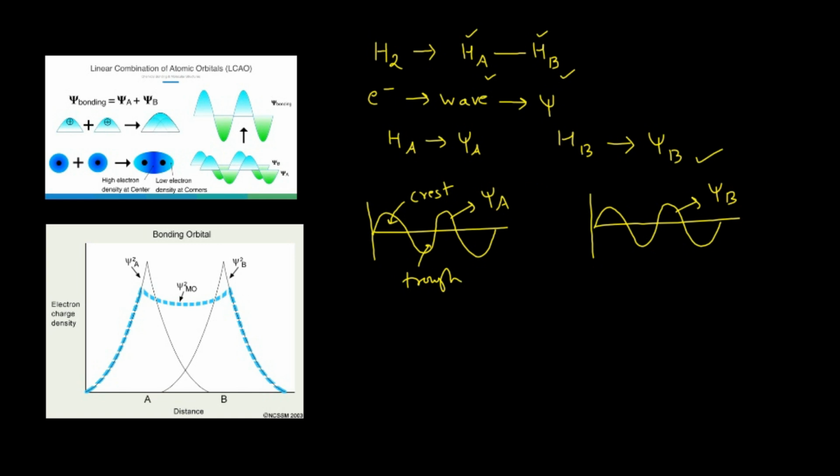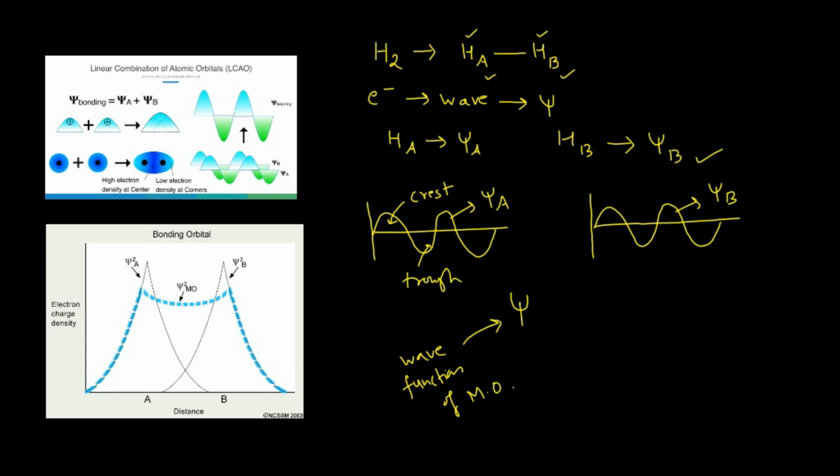First of all, let me take the stylus, right? Say this is my psi. This psi is the wave function of the molecular orbital. Please remember, this is the wave function of the molecular orbital, right?